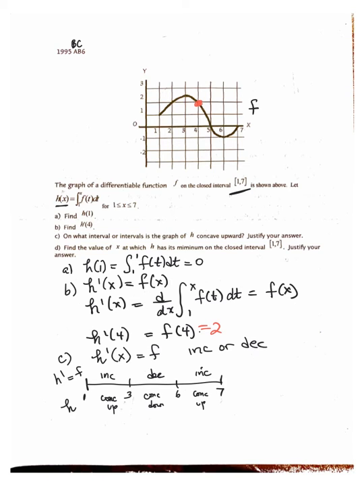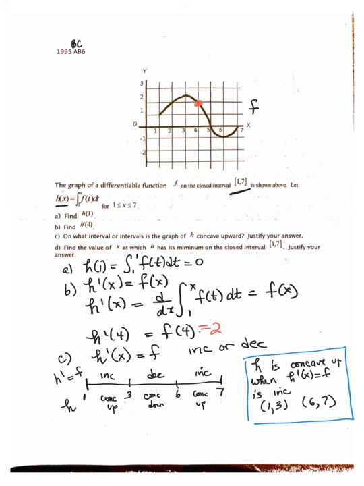So we could say that h is concave up when the derivative of h, which is equal to f, is increasing, and those are the intervals from 1 to 3 and from 6 to 7. And that would answer that piece. Okay, so let's just put a little box around our answers here.